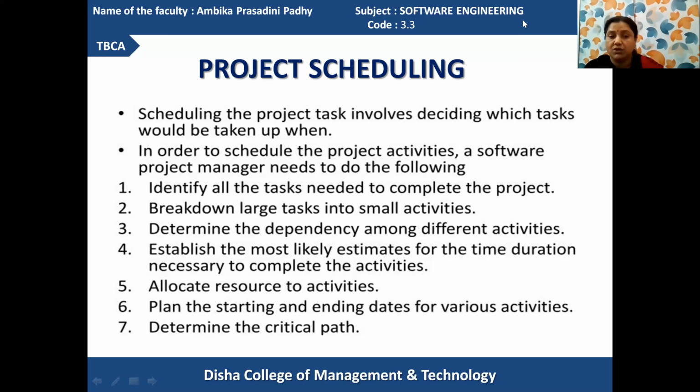The next requirement is determining the critical path. The critical path will provide you the information, from the project activity start to end, what the total time requirement is, and accordingly which set of activities you have to operate sequentially.